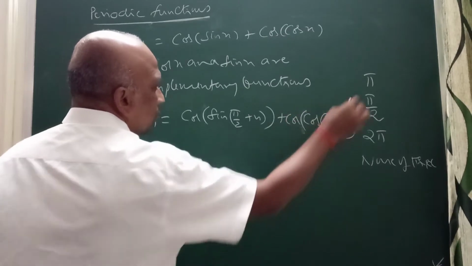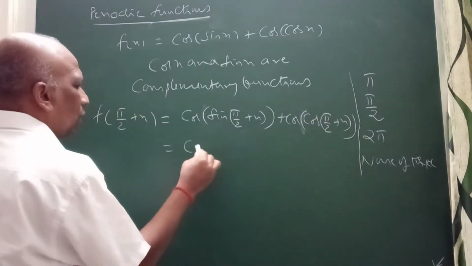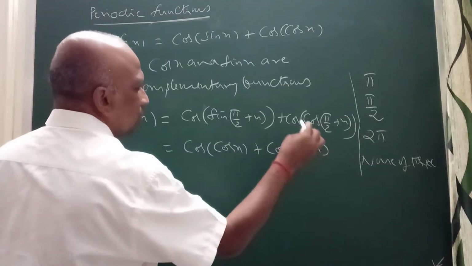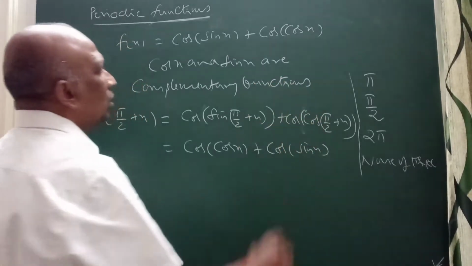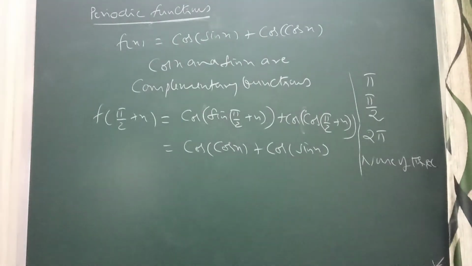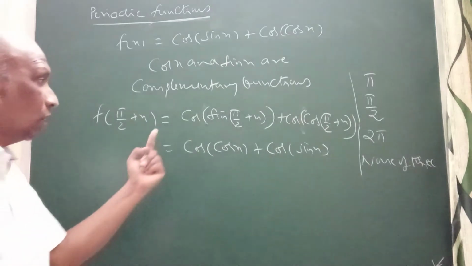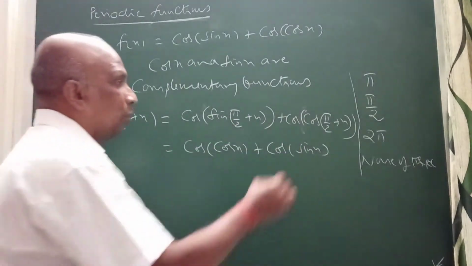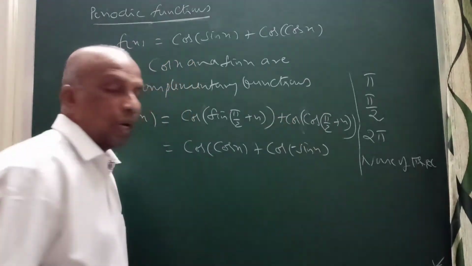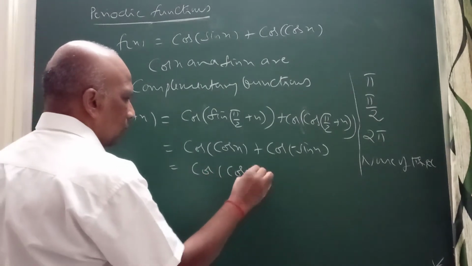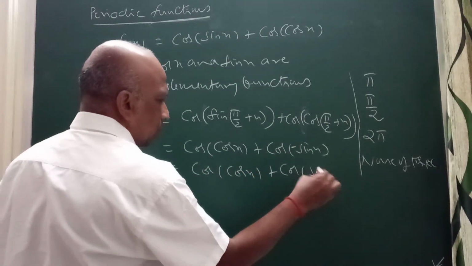Observe that cos of 90 plus x is minus sin x, and cos of minus theta is cos theta only. So you get cos of cos x plus cos of sin x.